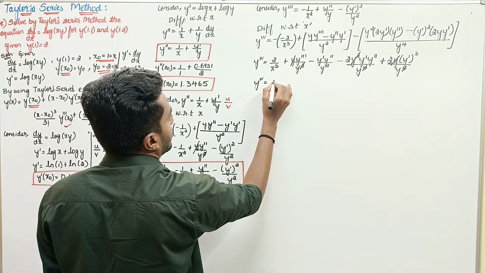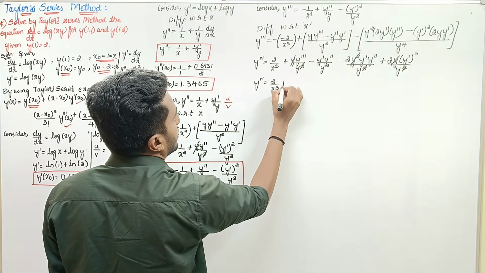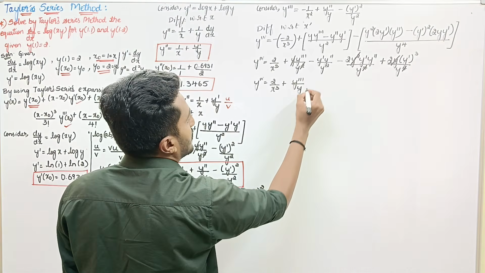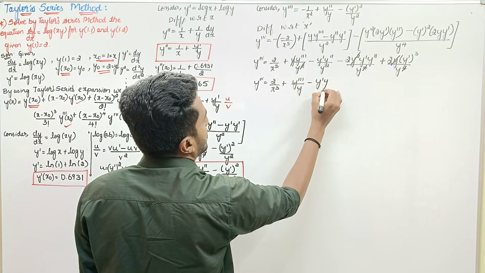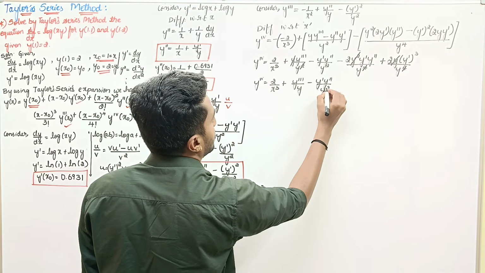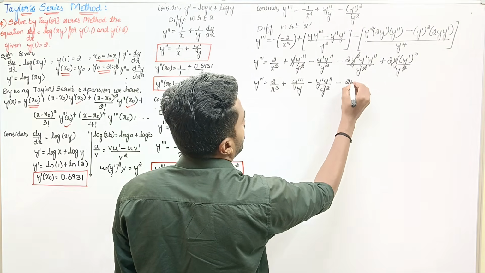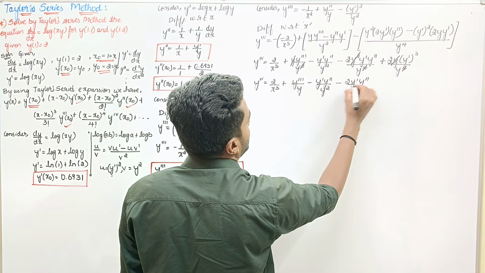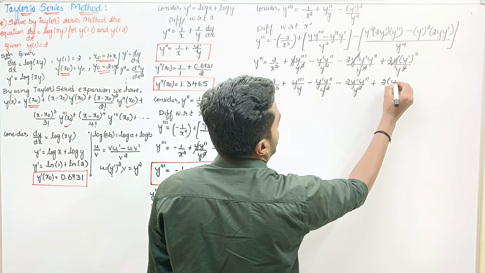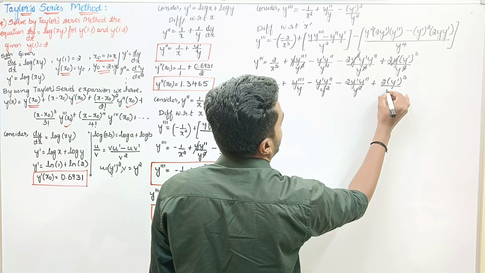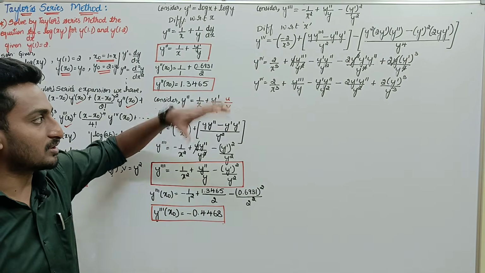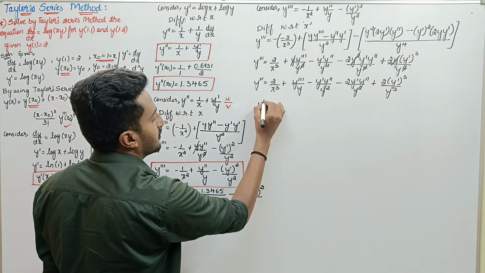Y power 4th degree is 2 by x cube plus y triple dash by y minus y dash y double dash by y square, sorry, y square, minus 2 y dash y double dash divided by y square plus 2 y dash the whole cube divided by y cube. It is very easy. Just practice 2 times, you get the conditions. Twice y to the power of 4.